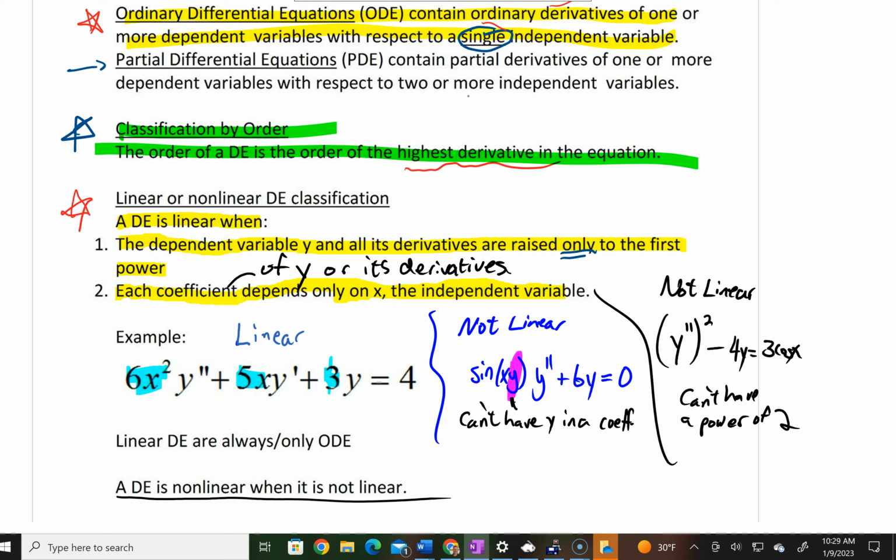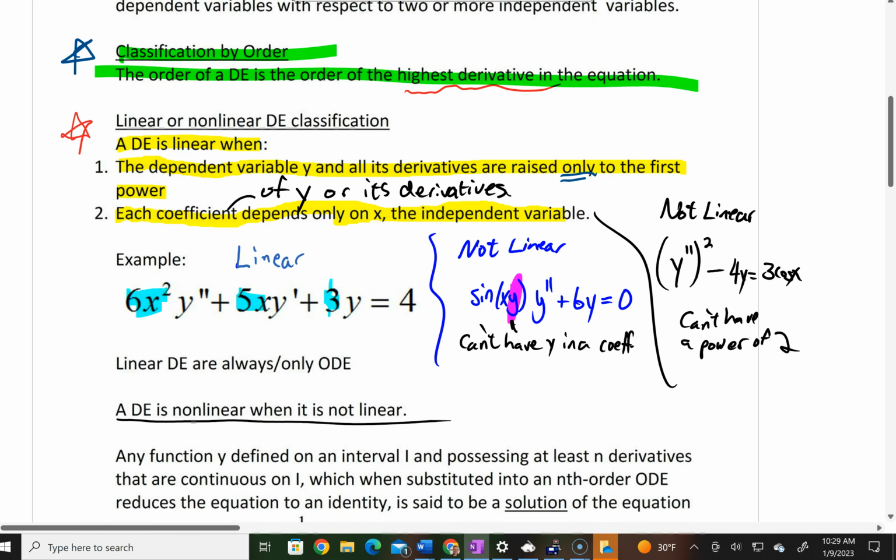You won't see any derivative raised to the second or third power. Second of all, the coefficient, whatever is multiplied to y or its derivatives, depends only on x, the independent variable. So I think we need to see some examples as to what is happening.